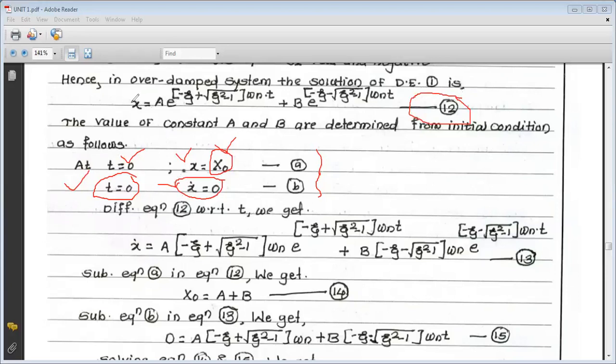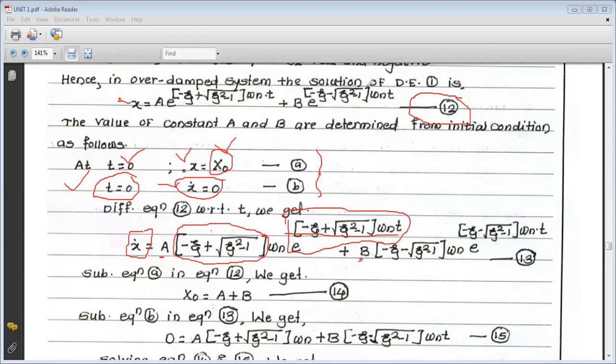By differentiating, the left-hand side dx by dt is x dot, and a is constant, so a stays the same. Now the derivative of e raised to x is e raised to x into the derivative of x. So e raised to this term stays the same, and the derivative of this term with respect to t, because minus zeta plus square root of zeta square minus 1 times omega n are all constants and dt by dt is 1, becomes a into minus zeta plus square root of zeta square minus 1 and so on. Similarly, for b, which is constant.